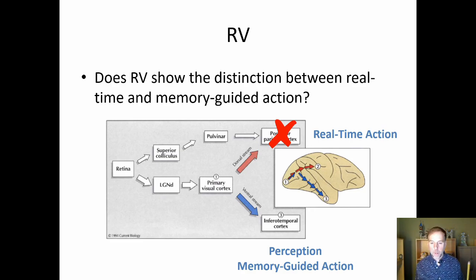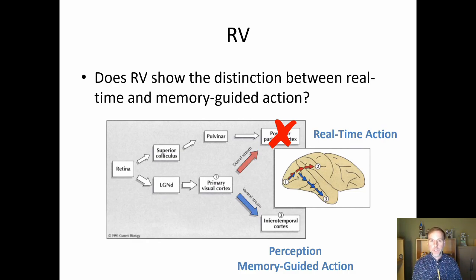It's not good. What she can do, because she knows her memory-guided action is fine, you can say, okay, you want me to pick up that pencil? She can close her eyes, and now she'll guide her hand there with her memory. Now, memory-guided action is obviously not as accurate as real-time visually guided action if your dorsal stream works. But for RV, memory-guided action is going to be better than real-time action because her dorsal stream is broken.